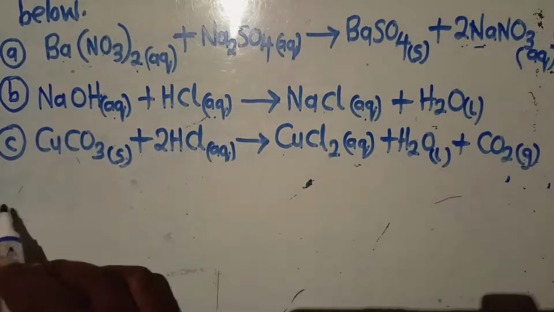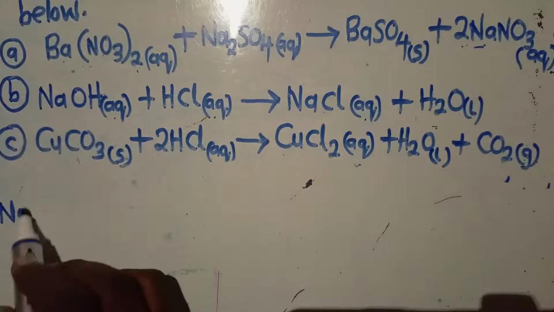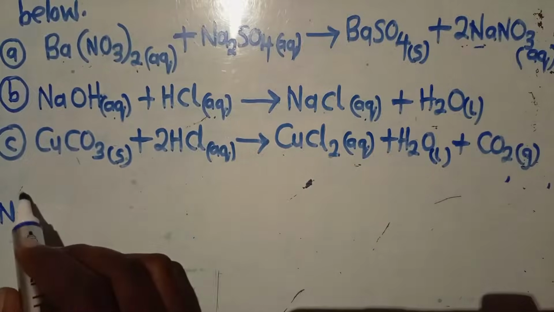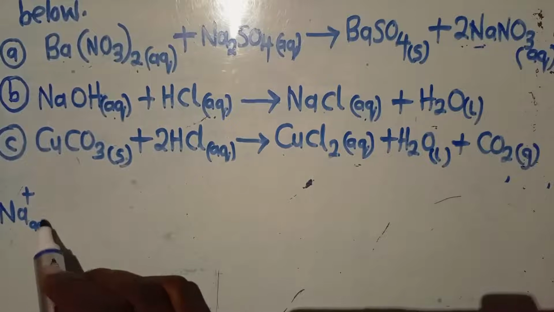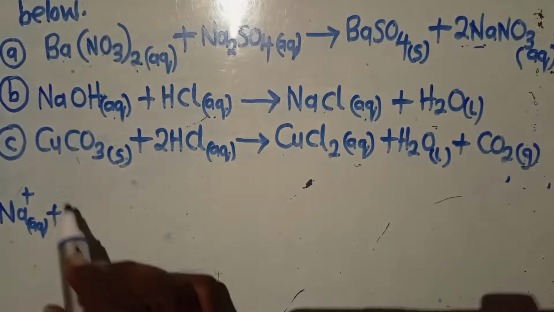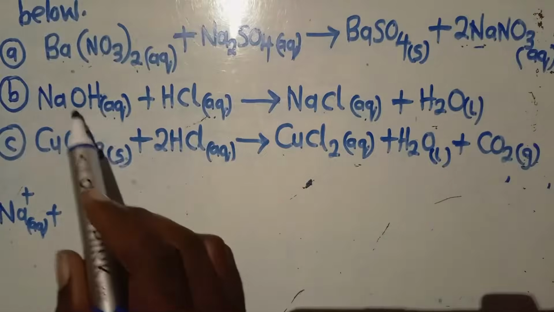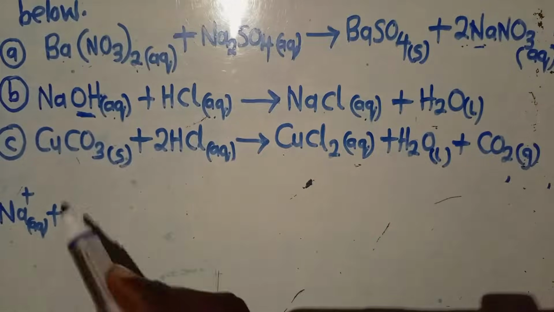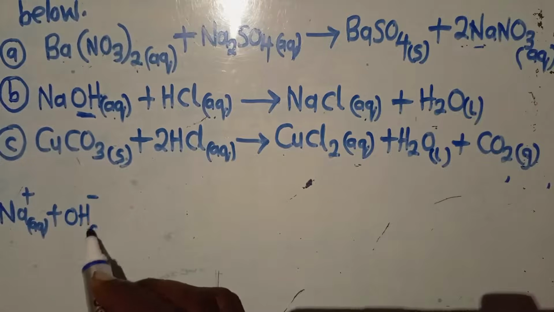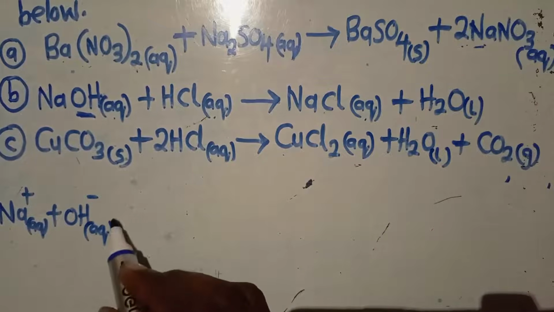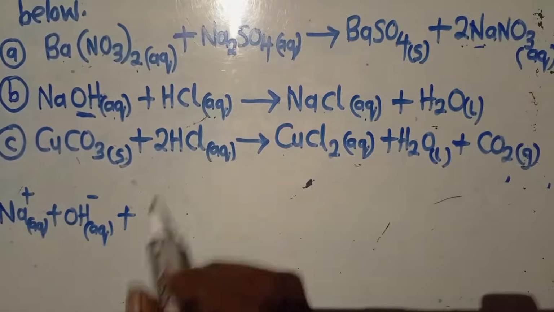So I start with the sodium. What is the valence for sodium? 1, so plus. Then I put aqueous like that. Then I say plus, that is hydroxide, so plus hydroxide like this, negative. I continue, plus even this one.